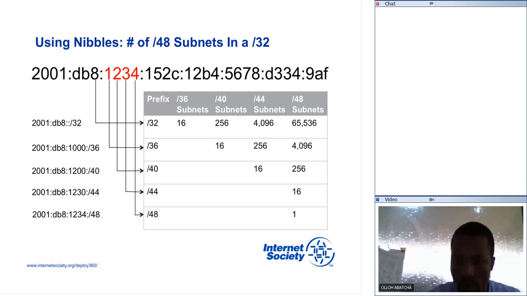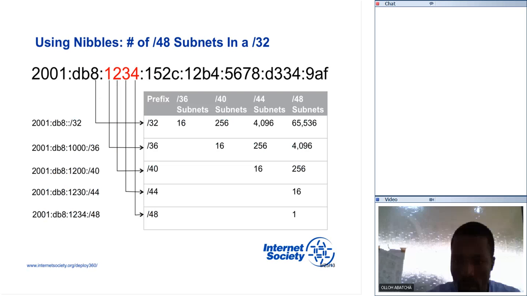And so you look at that and you say, well, how many subnets do I want to allocate? If I have a /32, if I want to allocate to somebody a /36, then that will give them 4,000 /48 subnets. Or that customer could then further subnet that into 16 /40s or 256 /44s.